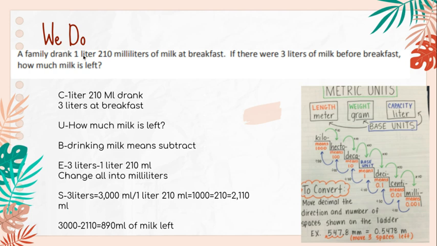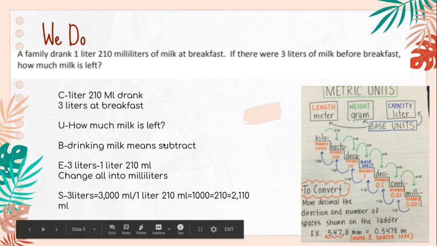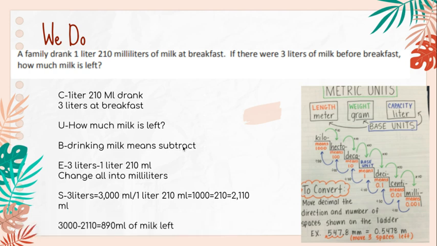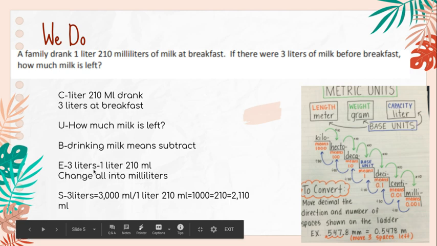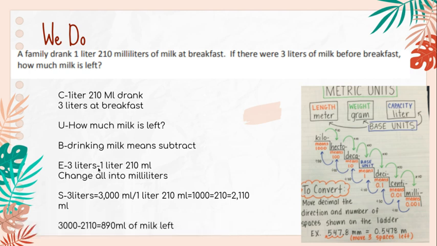It says that they drank, and drinking means that they subtracted it from the total amount. Evaluate means what am I going to have to do to solve this problem? I know that I had 3 liters originally, and I need to subtract 1 liter and 210 milliliters from that to find out how much is left.